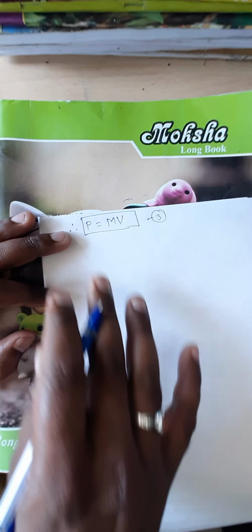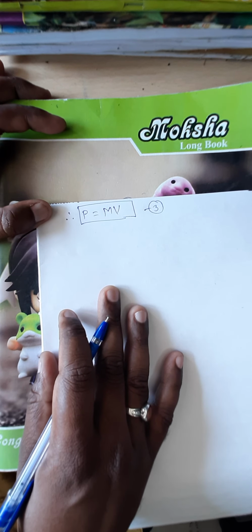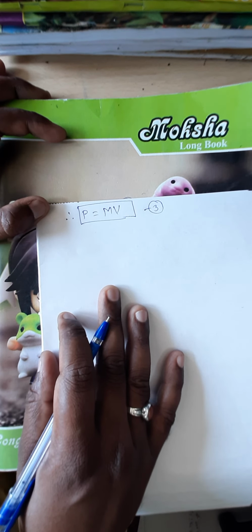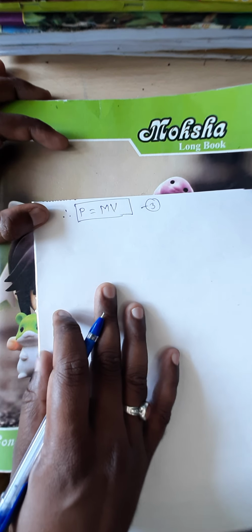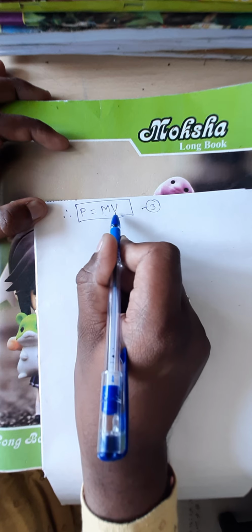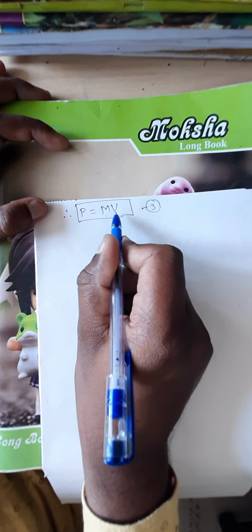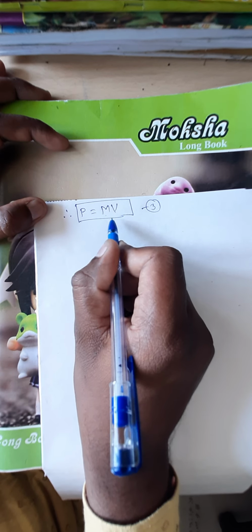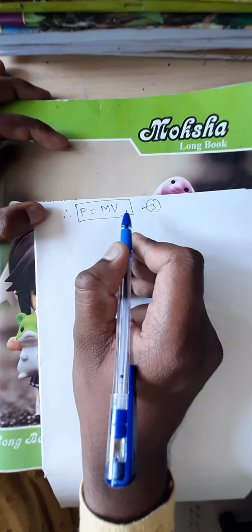Therefore the total linear momentum of a system of particles is equal to the product of the total mass of the system M and V, the velocity of the center of mass.